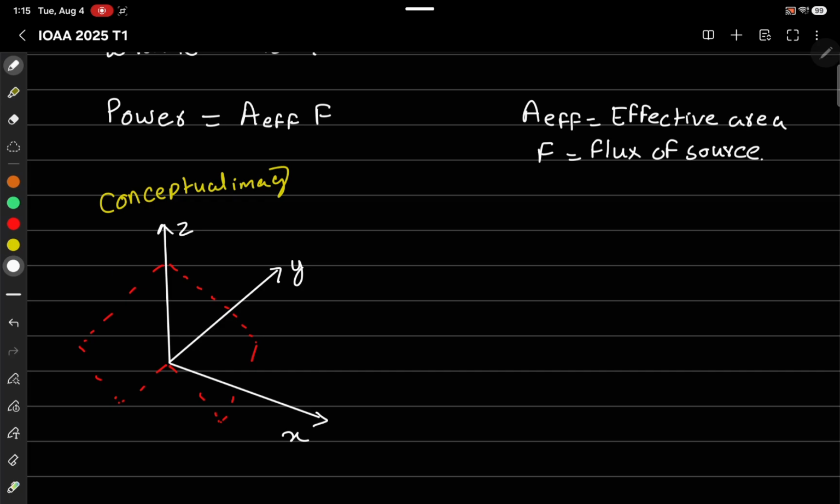So the unit normal vector for a detector will always lie in the xy plane. How can I prove this?